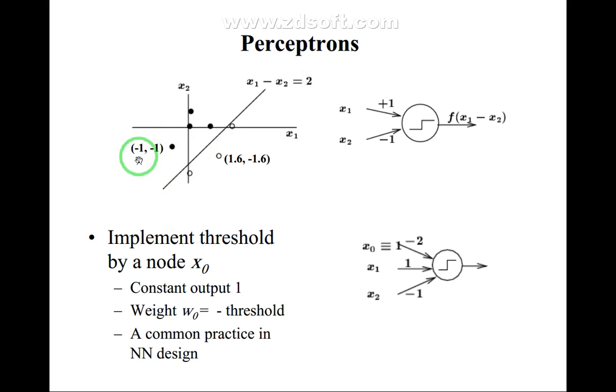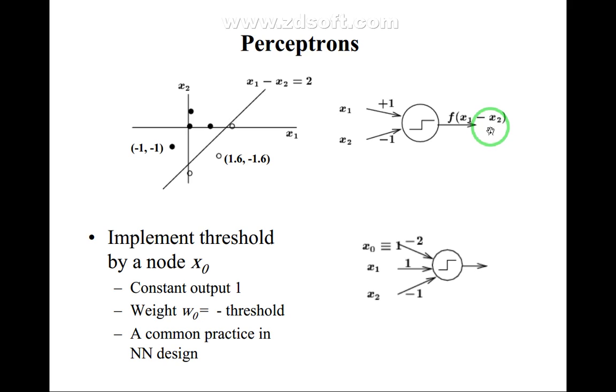If you draw it in the x1 x2 plane, you could see these dark dots are the inputs in class 1, and these would be in class 2. So to design this new network, this is your single layer neural network, single layer perceptron with two inputs x1 x2, weights plus 1 minus 1, hard limit transfer function, and f of x1 minus x2.